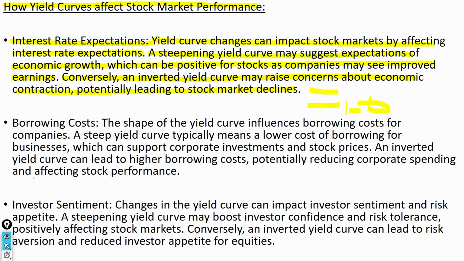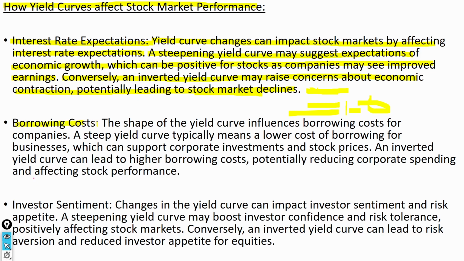It makes more sense to put more of your money into the government bonds and avoid the risky stock market. So yeah, interest rate expectation. If expecting the interest rates to go up and once the yield curve inverts, the stock market of course declines.